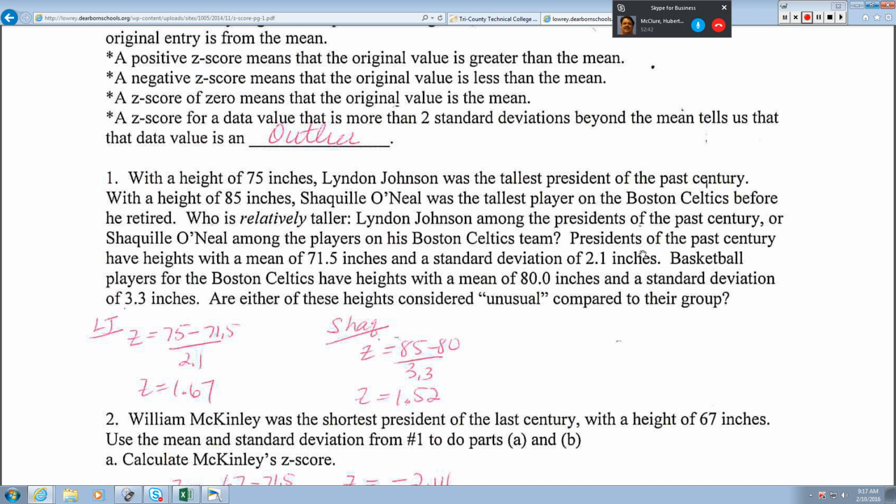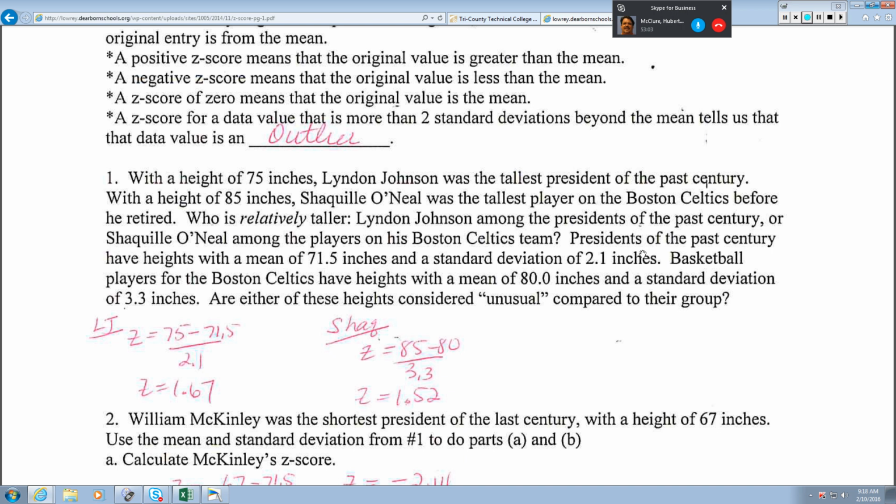All right. Now the question is asking you, who is what? It says it in there somewhere. Who is what? Relatively taller, Hubert. Thank you, class. What does that mean?